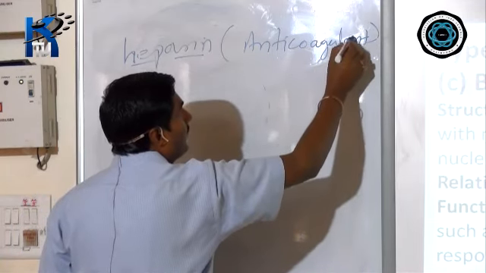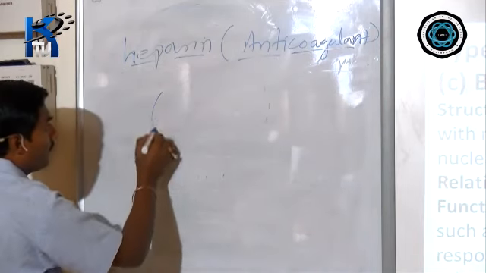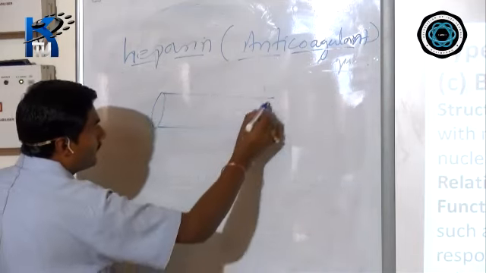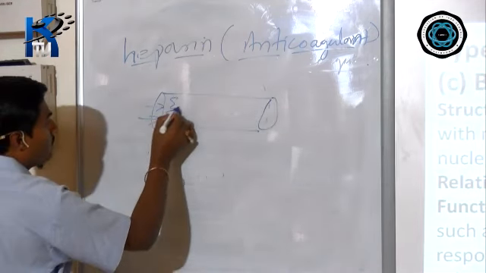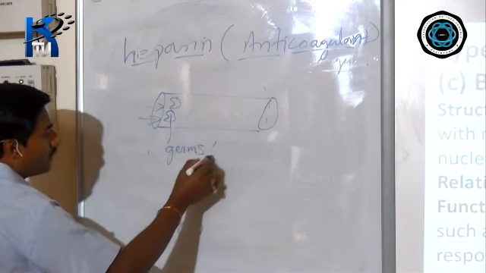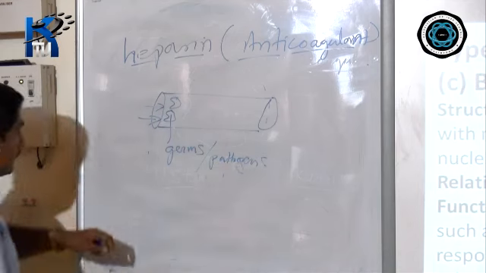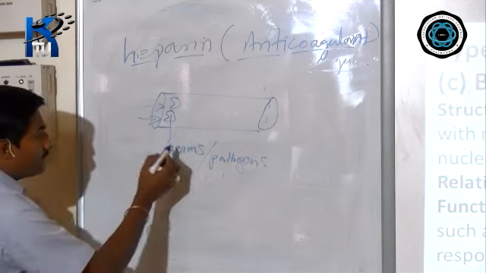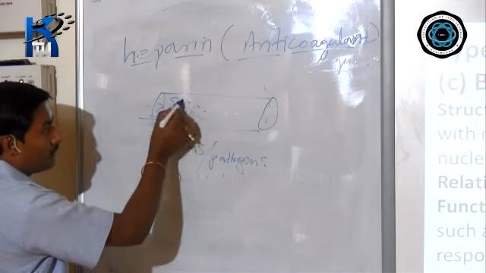Now, what do you mean by anticoagulant? Actually, what will happen inside the blood vessels? Whenever there is an entry of germs or pathogens, these germs or pathogens will release certain types of chemical compounds.